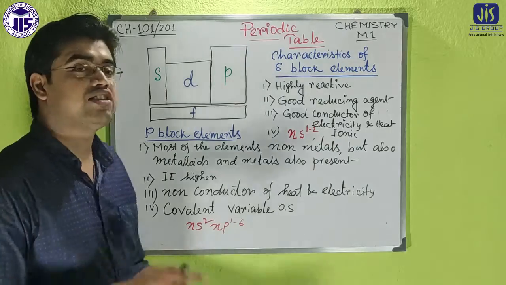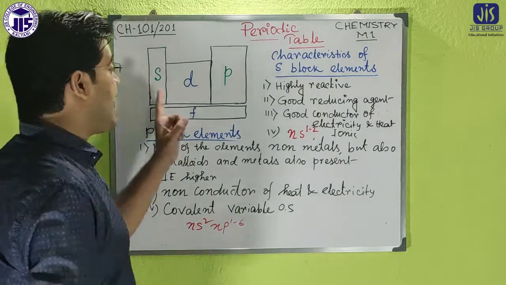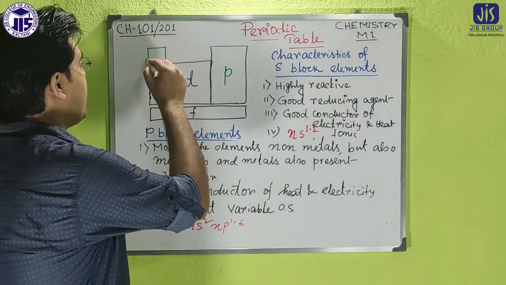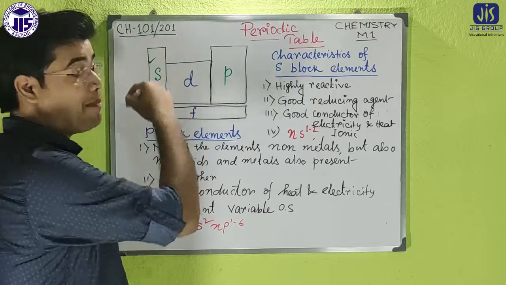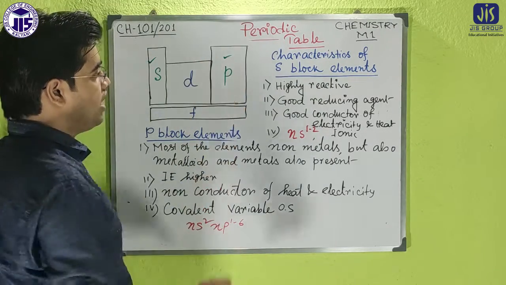In the previous class I told you that the periodic table can be classified into 4 blocks. The first block is the S block, on the left side of the periodic table. The second block is the P block, on the right side.